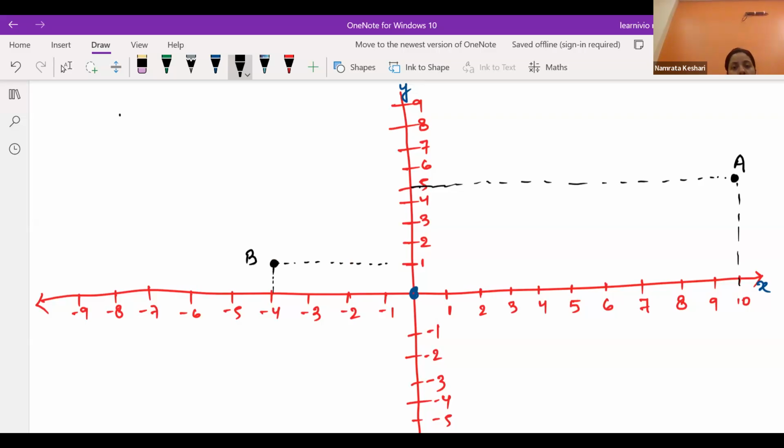Point A first. 10 and 5. X is 10, Y is 5. And what about B? -4, 4. And if I take here a point C, then the coordinate is -4, -1.